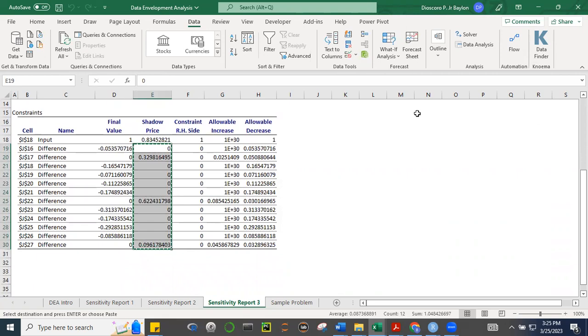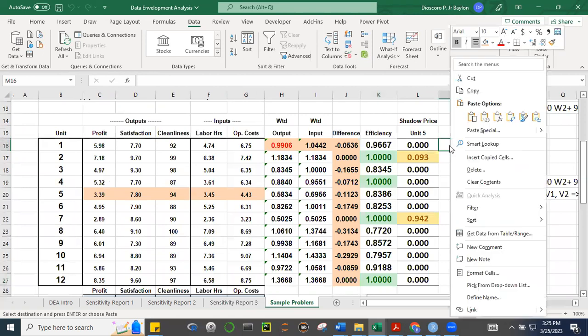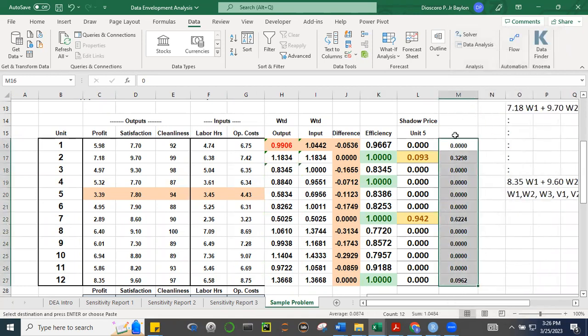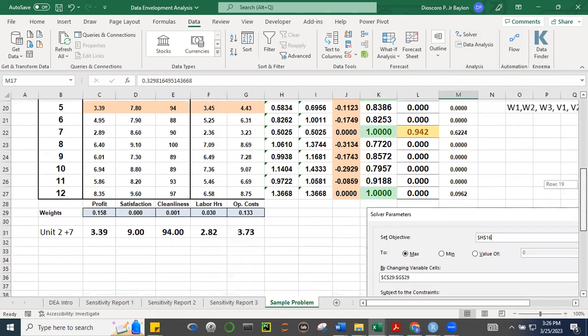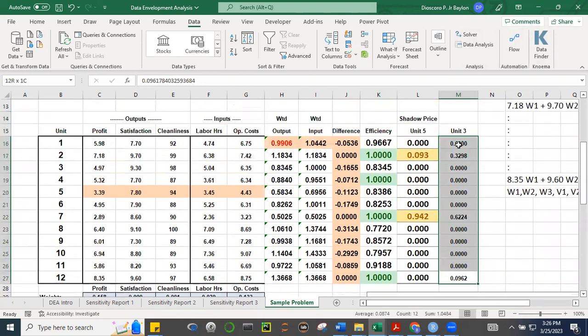If I copy this here, all right, so this is for unit number 3. So you have 32% of unit number 2, 62% of unit number 7, and 9% of unit number 12.